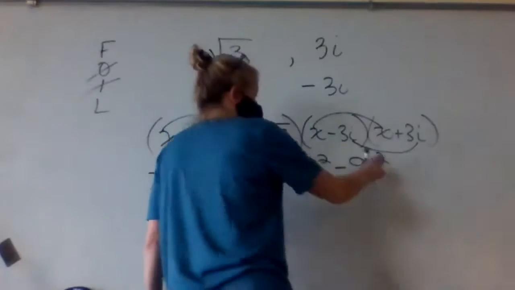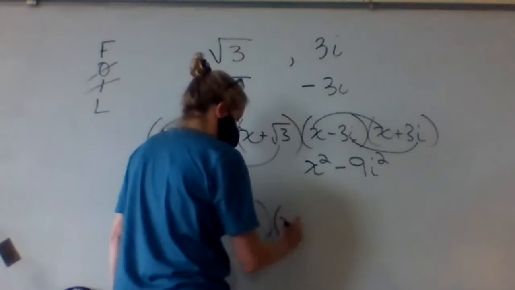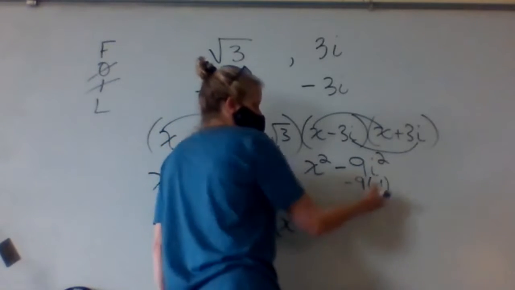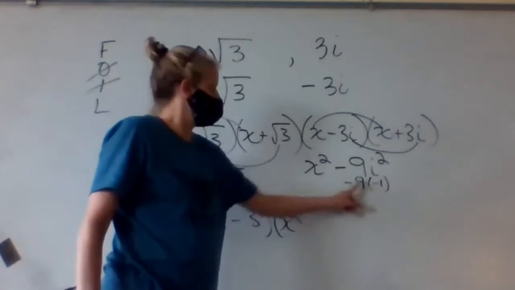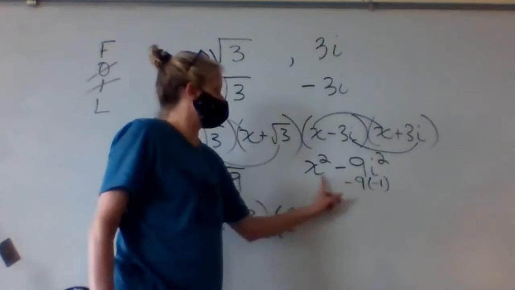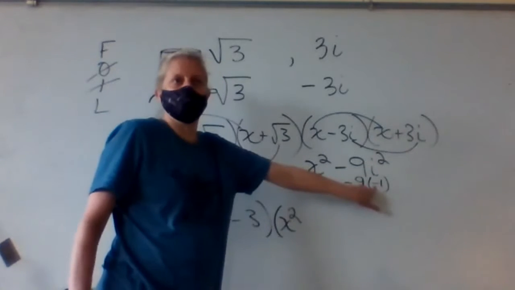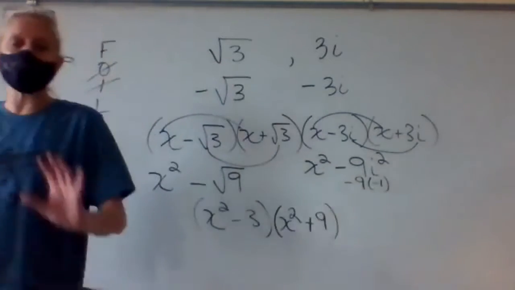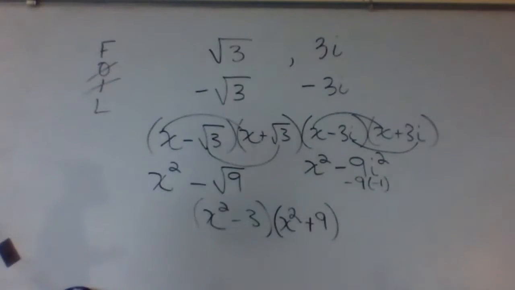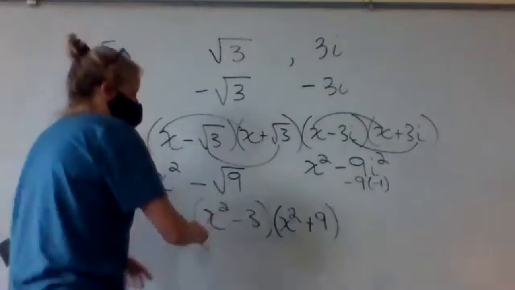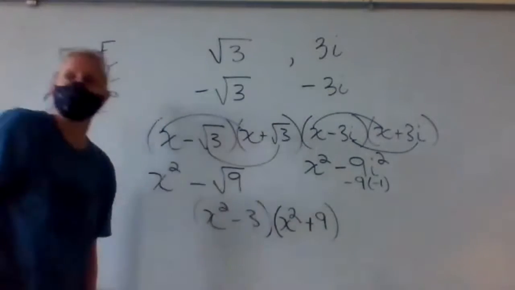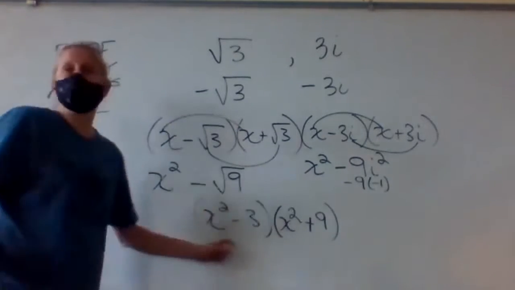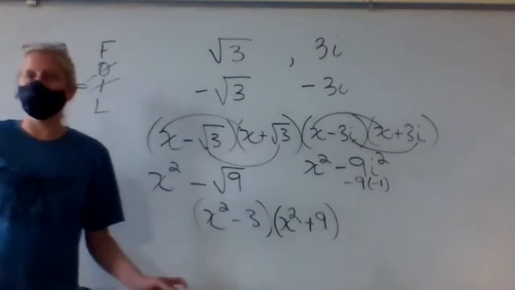So this turns into what? x squared. Since this is negative 1, it turns this into x squared plus 9. So that foiling, those two together, actually kind of cleaned us up a little bit. Now we just have this left to multiply. These are not conjugates of each other, right?